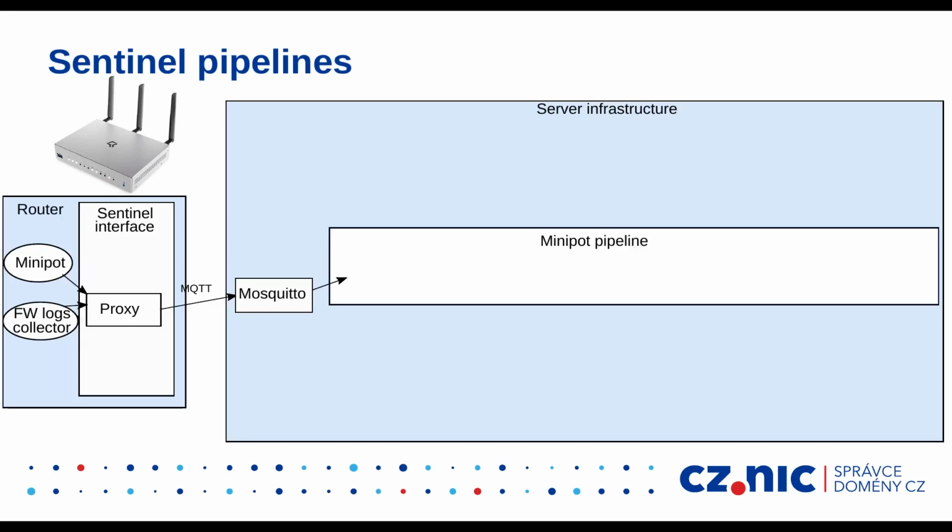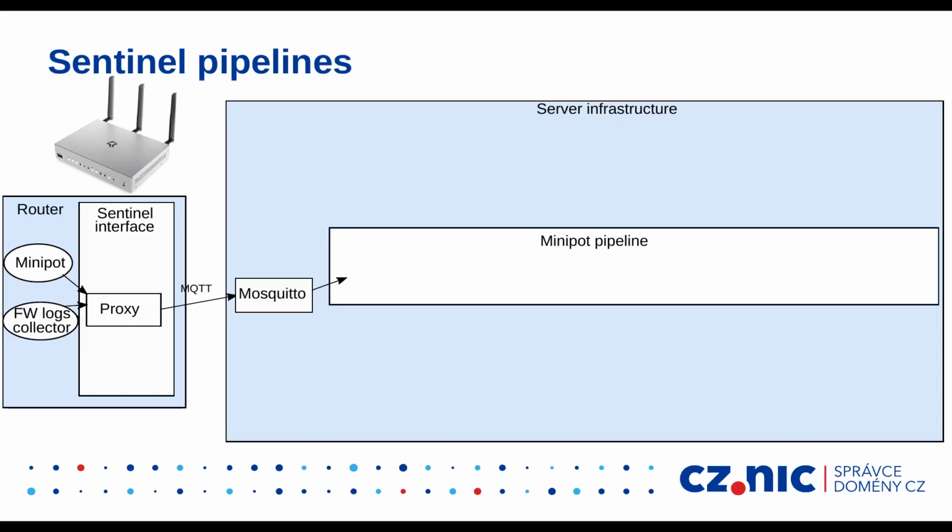Both Minipod and Firewall logs collector then forward the data reports to the router's Sentinel interface, the proxy. Proxy knows the Sentinel server address and sends message-packed data using MQTT to our infrastructure. There, the Mosquitto broker receives it and forwards it to data processing pipelines.